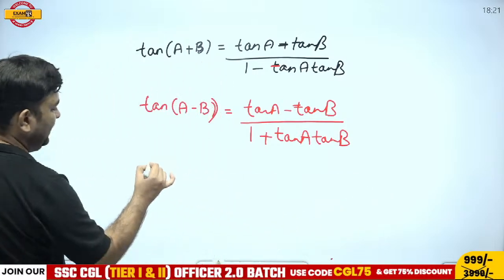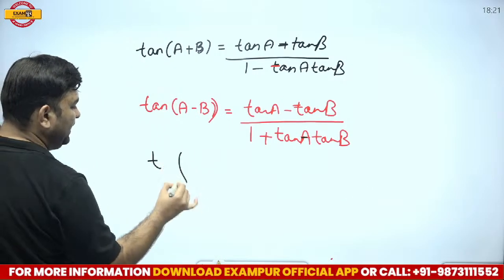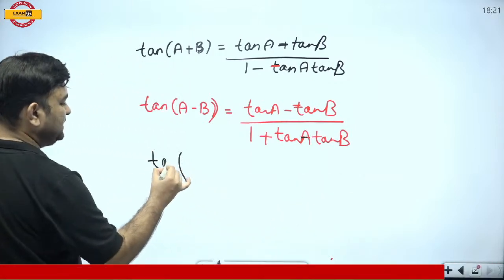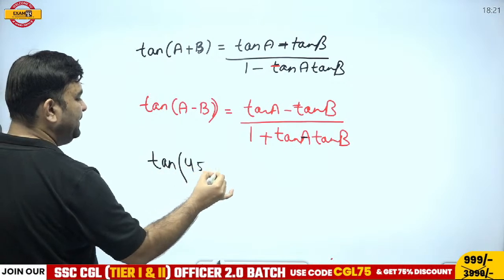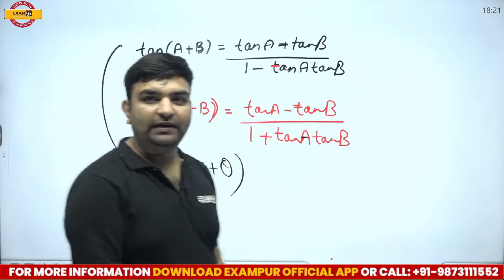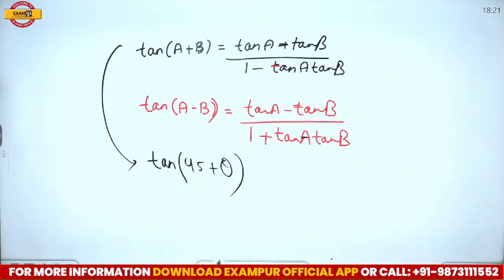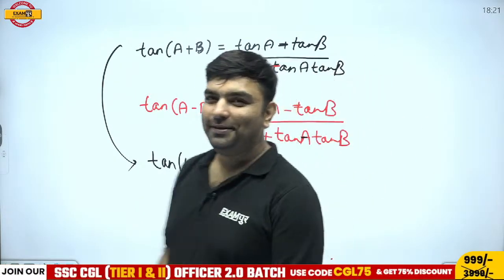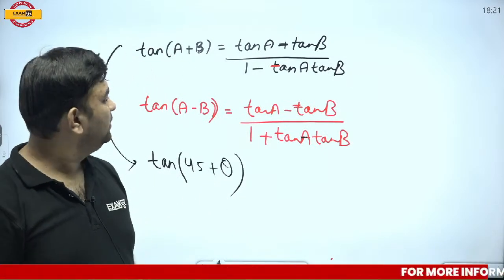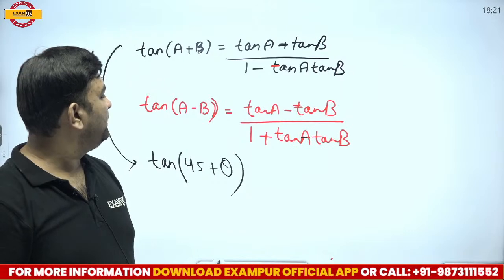If I take A as 45 and B as theta, what happened?